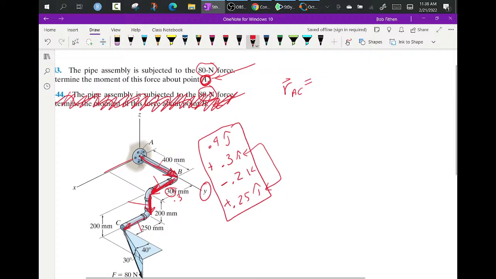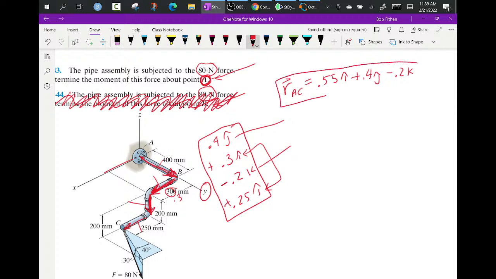And so that gives me 0.5, I'm sorry, 0.55. So I'm adding this to that. 0.55 I. Then I got a J plus 0.4 J. And then I move down K. So boom, I got that.